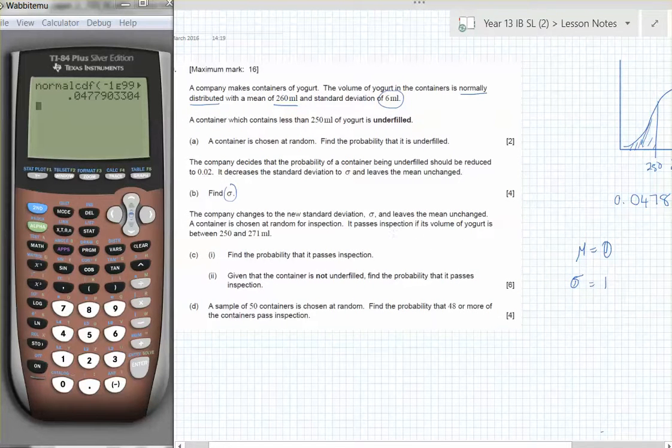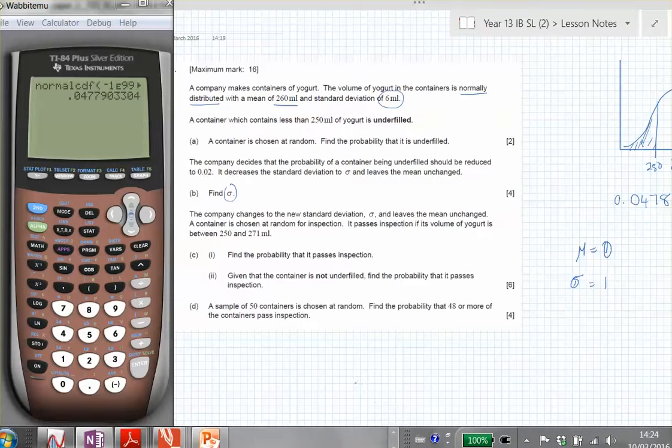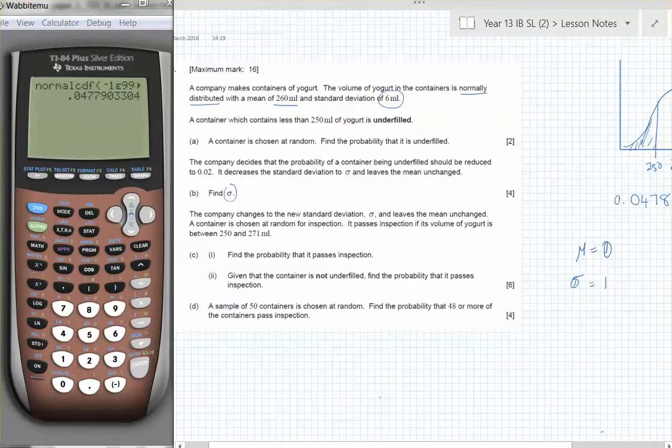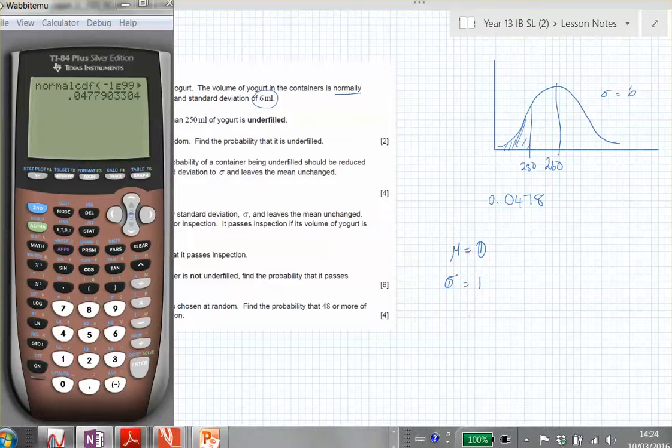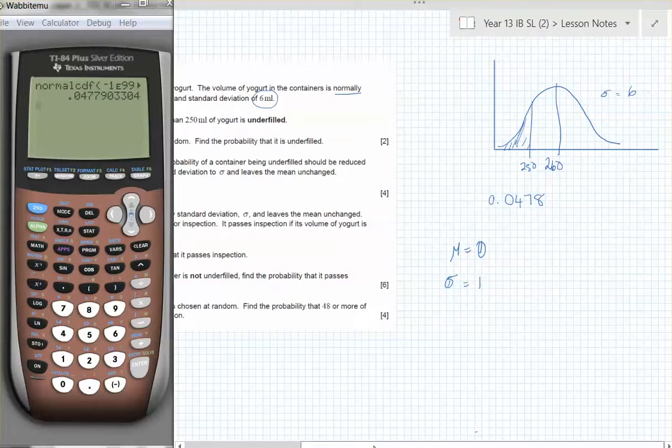We've got to find the z value that goes along. So the z value is the value on the x-axis that would relate to our 250 if we were using our non-standard normal.